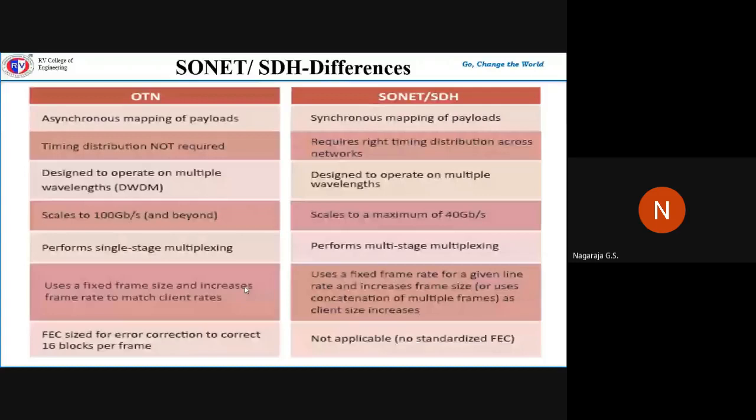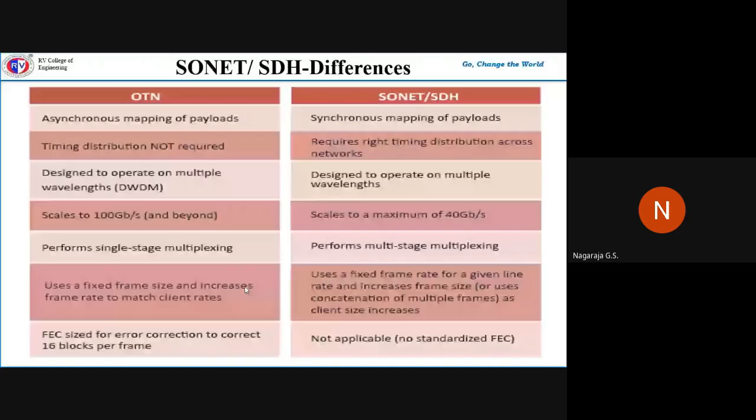And for multiplexing, that's the reason you have the synchronous multiplexer and drop multiplexer that supports that particular concept. Then OTN networks use a fixed frame size and increase the frame rate to match client rates, whereas Sonet uses a fixed rate for a given line rate and increases frame size, concatenating multiple frames for different client requirements.